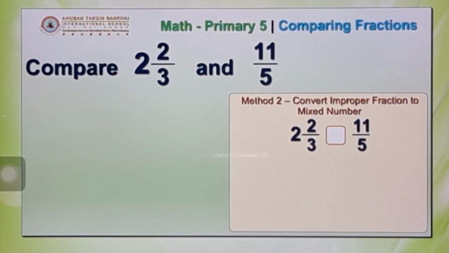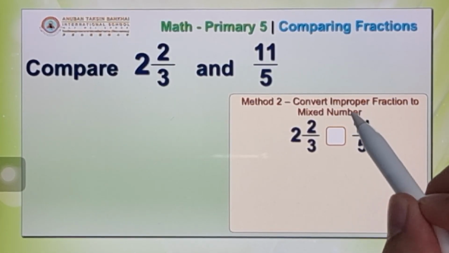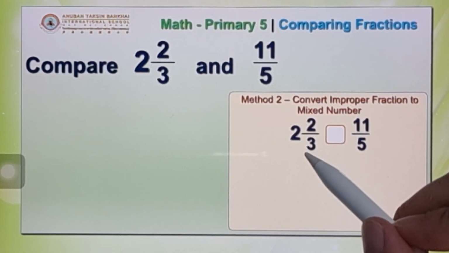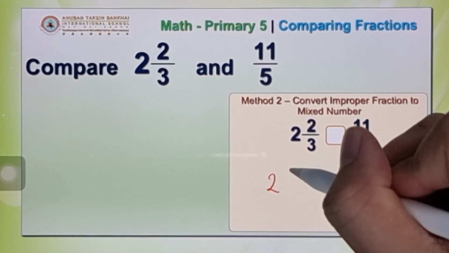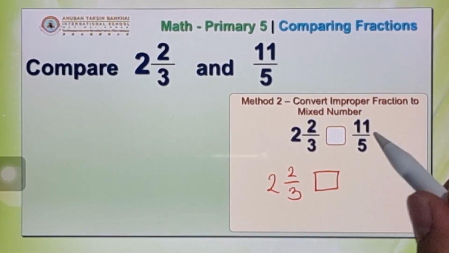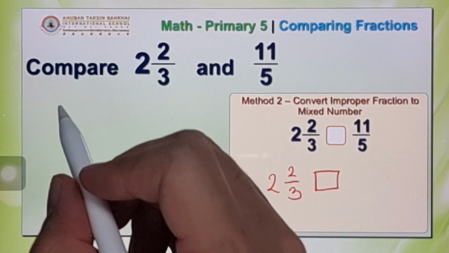Now let's have method 2 of this problem. So method 2 is converting the improper fraction to a mixed number. So since this is a mixed number, we'll just copy this. We have 2 and 2 over 3, and then 11 over 5. So again, let's just divide 11 by 5.